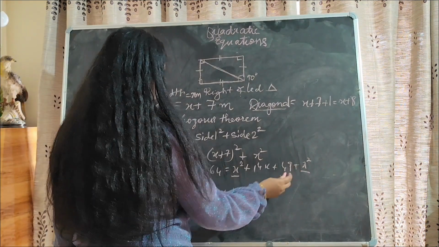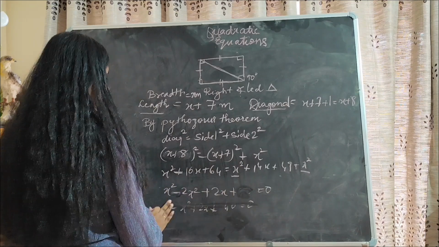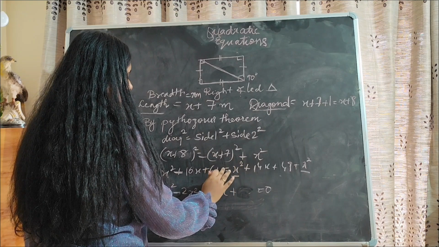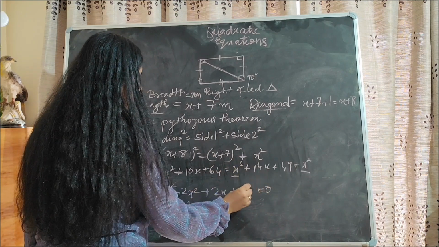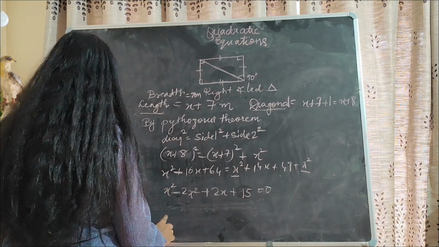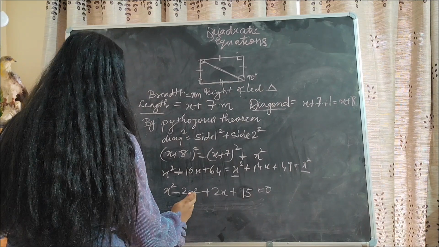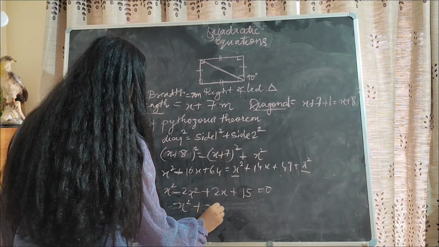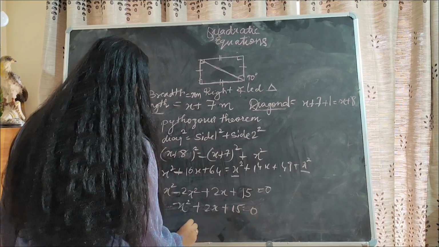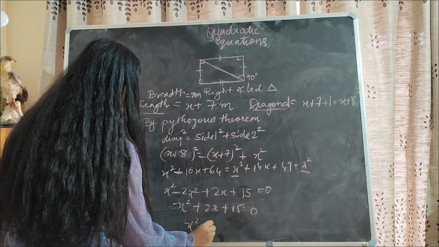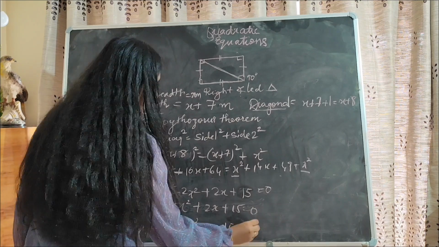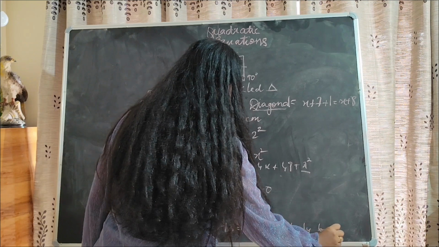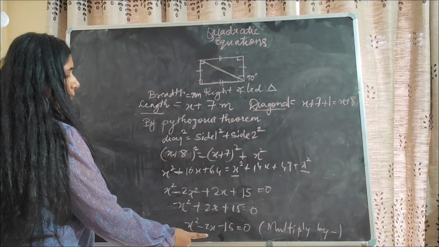Multiplying throughout by minus 1, you will get x square minus 2x minus 15 is 0.